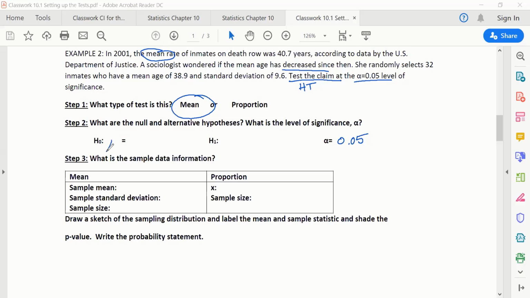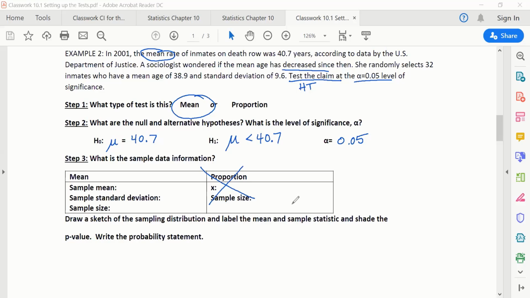So the original mean was 40.7, but she believes it's now less than 40.7. So our null hypothesis is that the mean age was 40.7 and hasn't changed. Her hypothesis is that the mean is now less than 40.7. So we're doing a mean, and we don't need the proportion side of this chart.